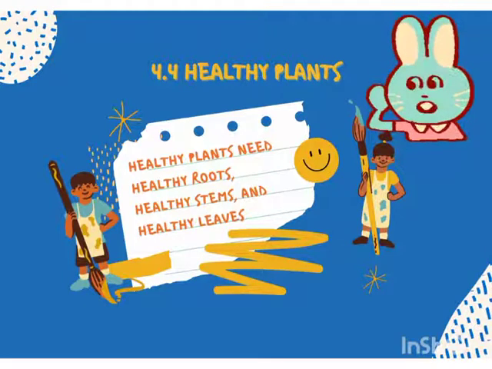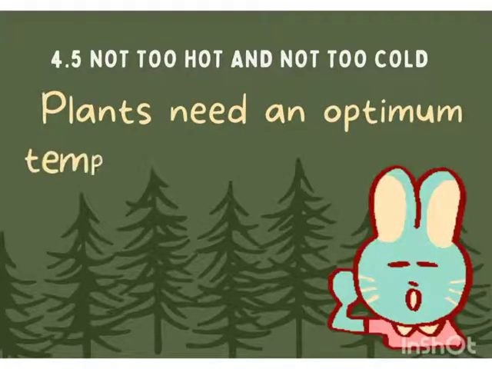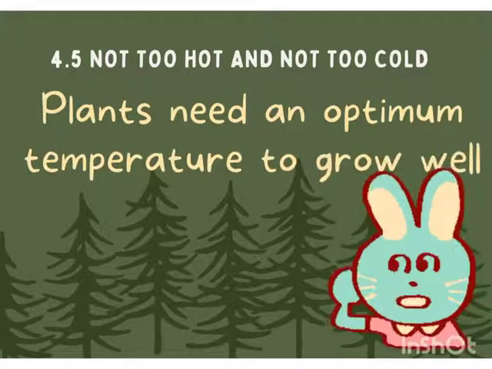Healthy plants need healthy roots, healthy stems, and healthy leaves. Now, the last topic, 4.5, not too hot and not too cold. Plants need an optimum temperature to grow well.